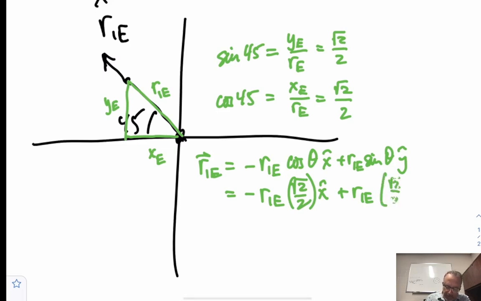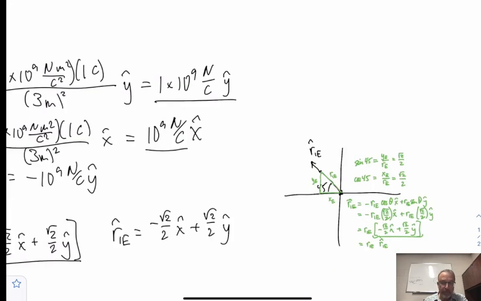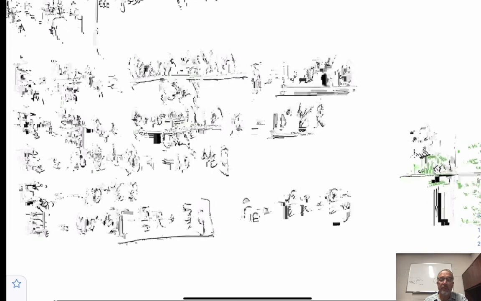So what this equals is R1E times minus square root of 2 over 2 x hat plus square root of 2 over 2 y hat. And therefore, this part must be R1E hat. And that's why I ended up getting R1E hat is minus square root of 2 over 2 x hat plus square root of 2 over 2 y hat.